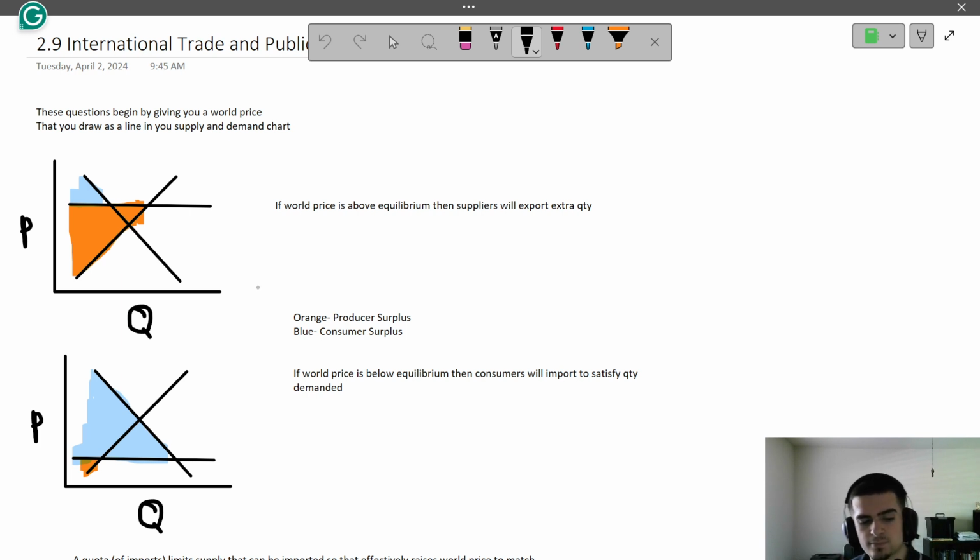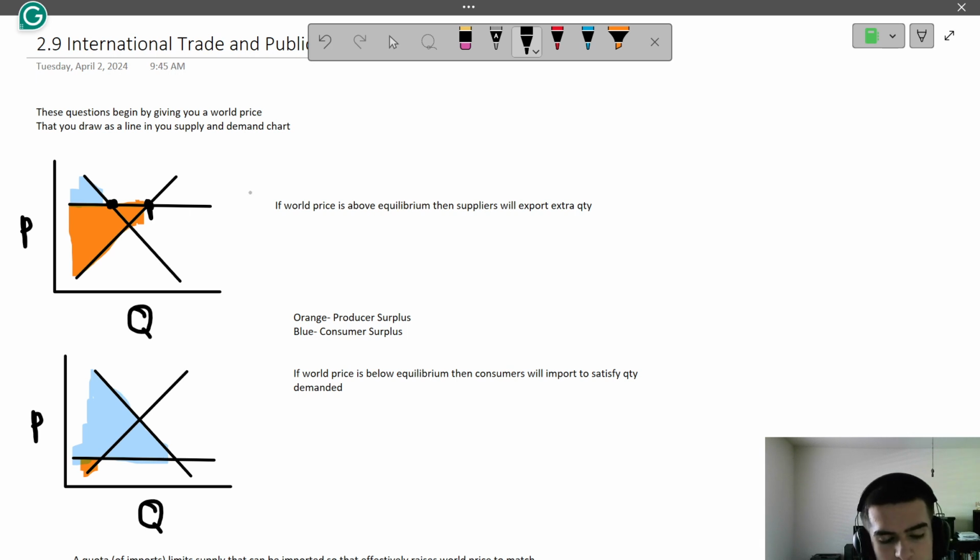So at this price, local consumers are only willing to consume that much, but local suppliers are willing to supply this much.